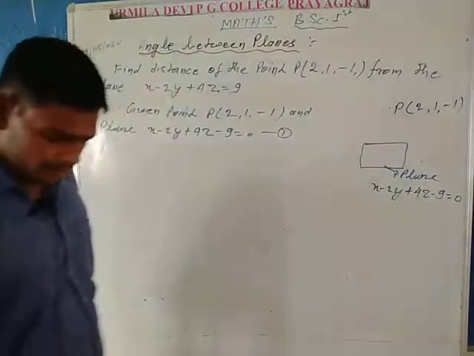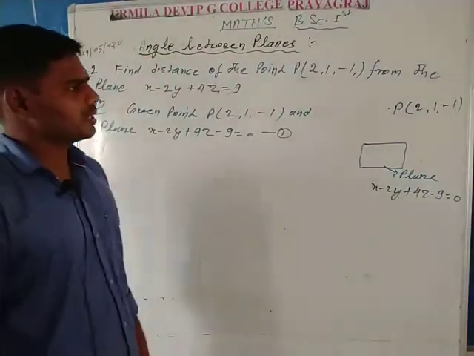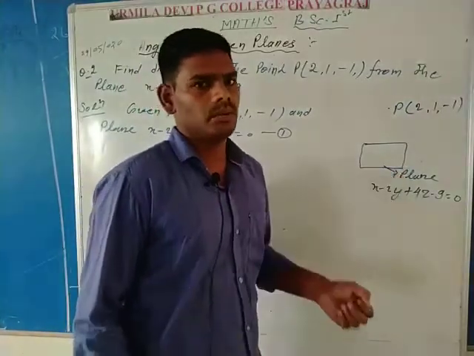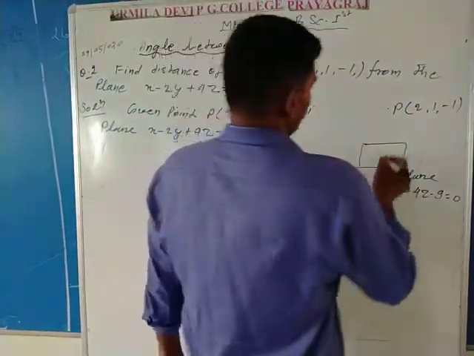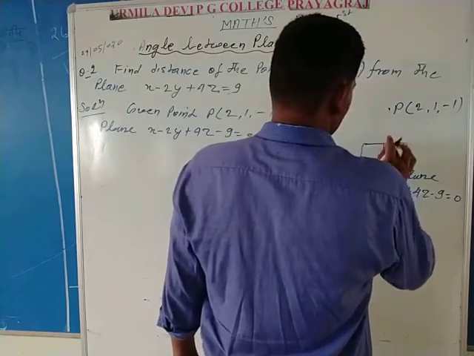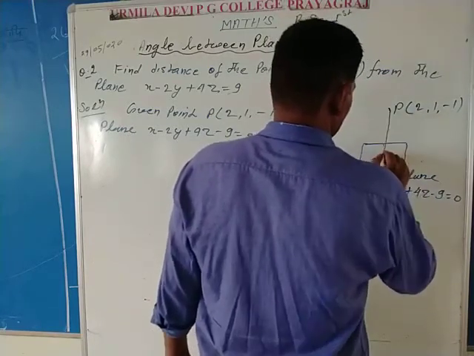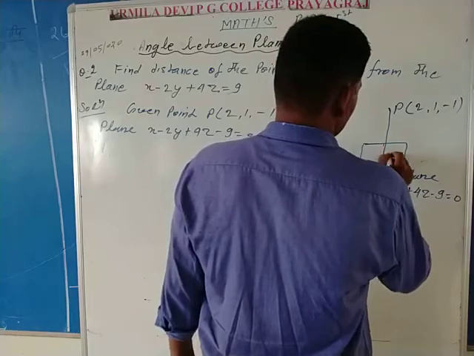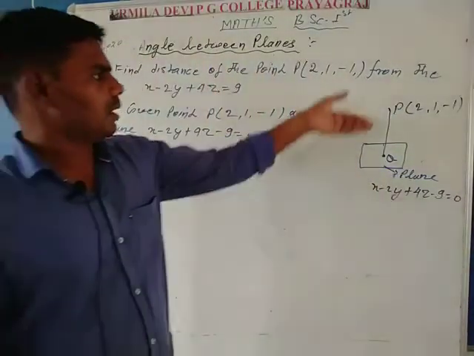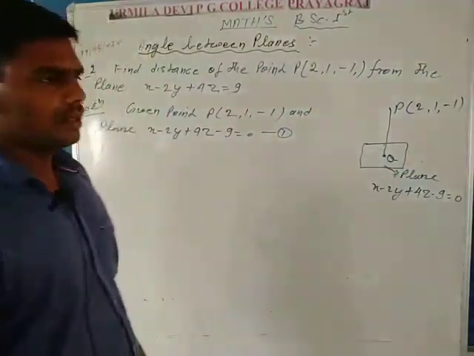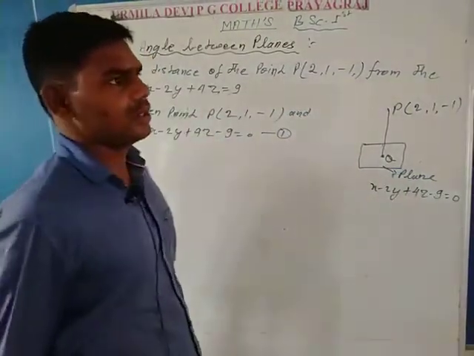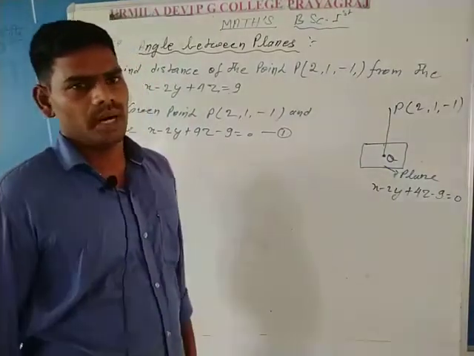In the question, we have to find the perpendicular distance from point P to this plane. Therefore draw a perpendicular line from point P to this plane. Suppose that the meeting point is Q. Therefore the perpendicular distance is the length PQ.